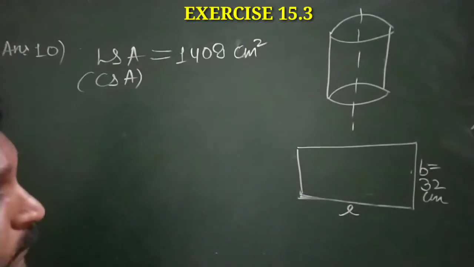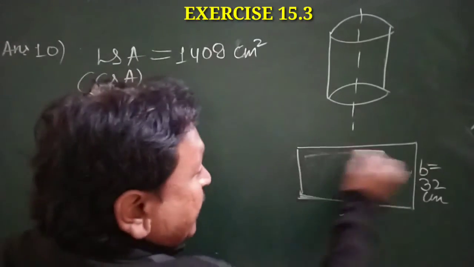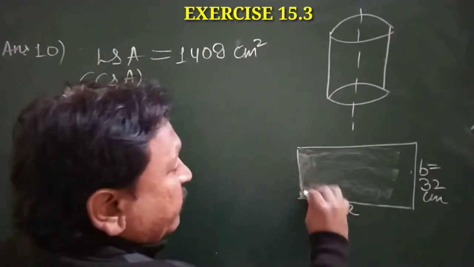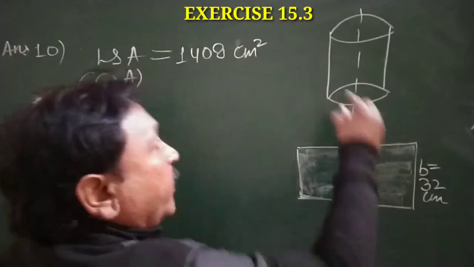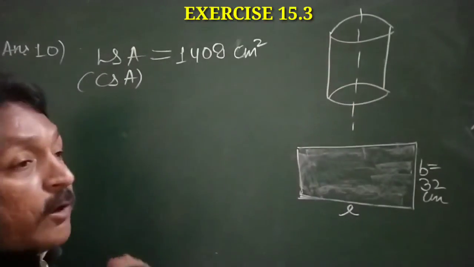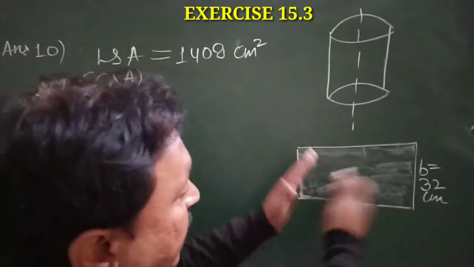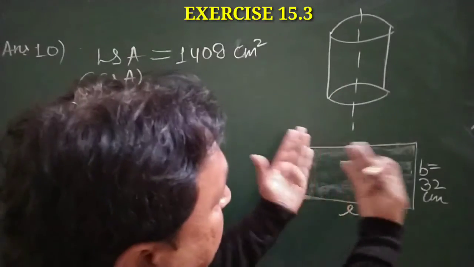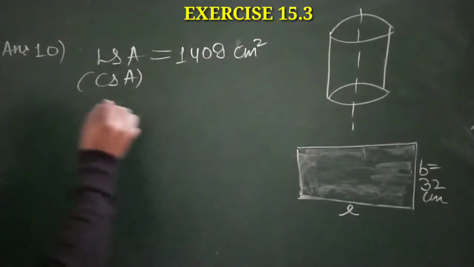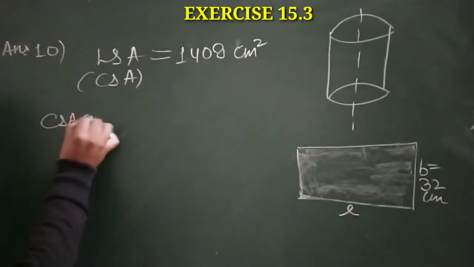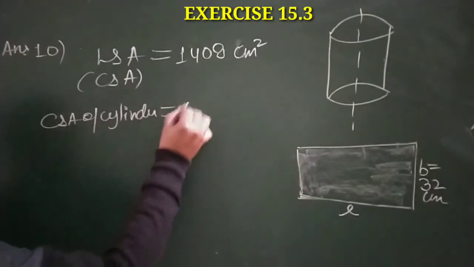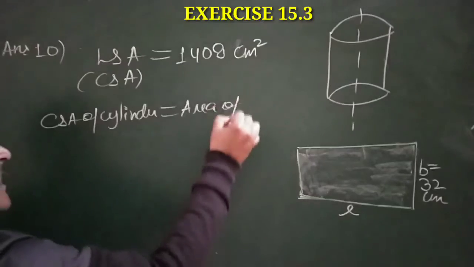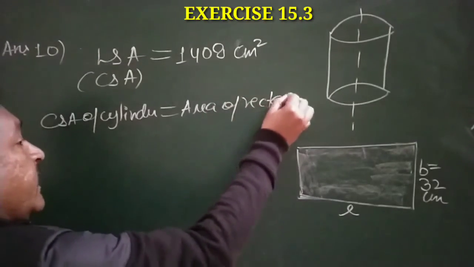We all know that the area of the rectangle will be equal to the curved surface area of the cylinder, because it is cut like this and then expanded here. It means CSA of cylinder equals area of rectangle.